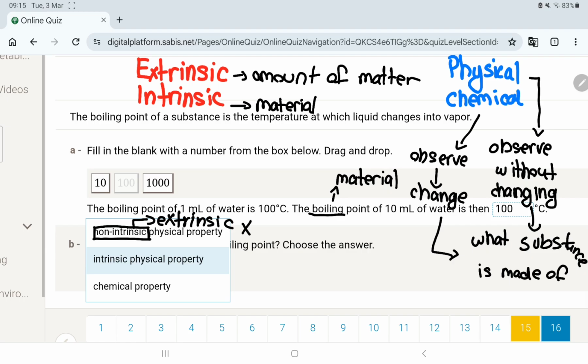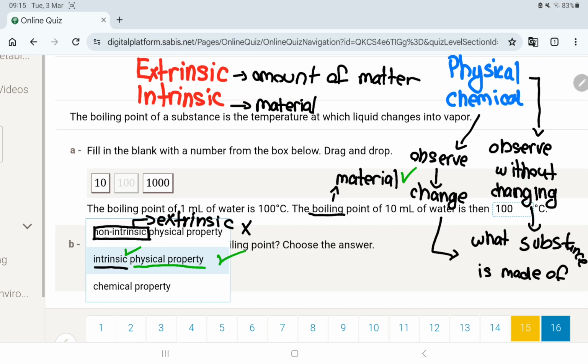Let's see here. Intrinsic. Why? Because it depends on the material, so it's intrinsic. Physical property. When I say water boils at 100 degrees, will the water turn into carbon dioxide? No, right? So it's still water, just water vapor. So it is physical, right?